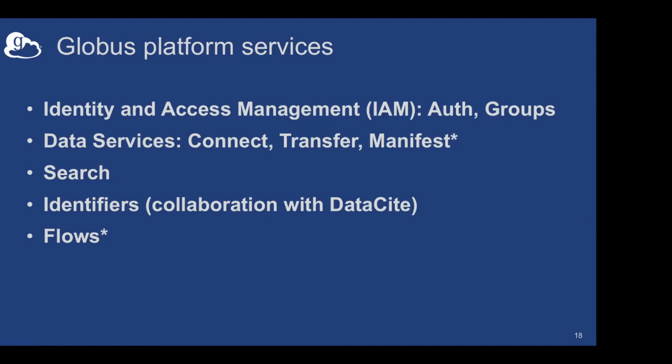Also, really central to a lot of what we're doing with these platform services and helping people automate is a service called Search, which allows you to pull some metadata into the Globus Search service that describes your data sets, and then you can turn around and enable users to search the metadata based on facets.